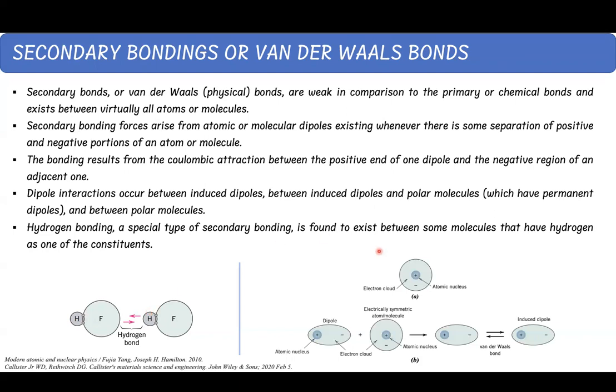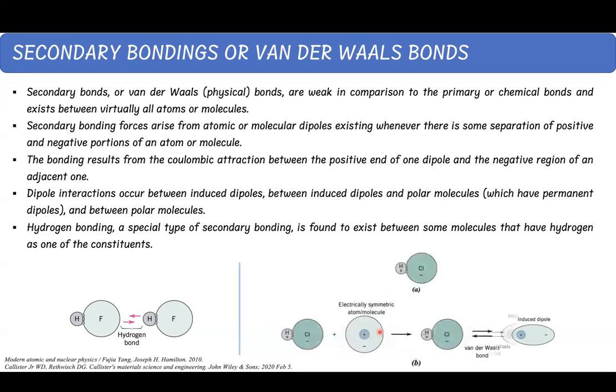Another case: one atom is a dipole, positive and negative, and the other atom is symmetrical, so the electrons are symmetrically distributed around the atom. The negative side of the dipole will induce the symmetric atom in such a way that electrons shift to one side, and there will be van der Waals bonding between one dipole and one symmetrical atom or molecule, for example hydrochloric acid.